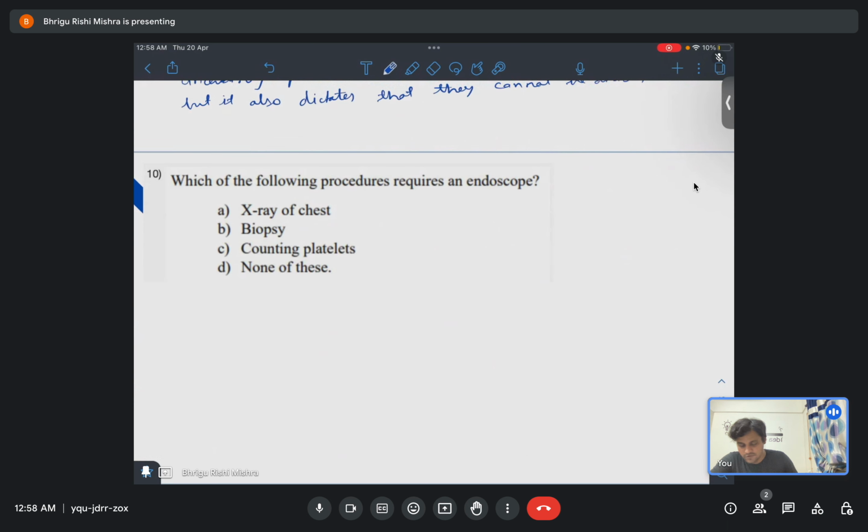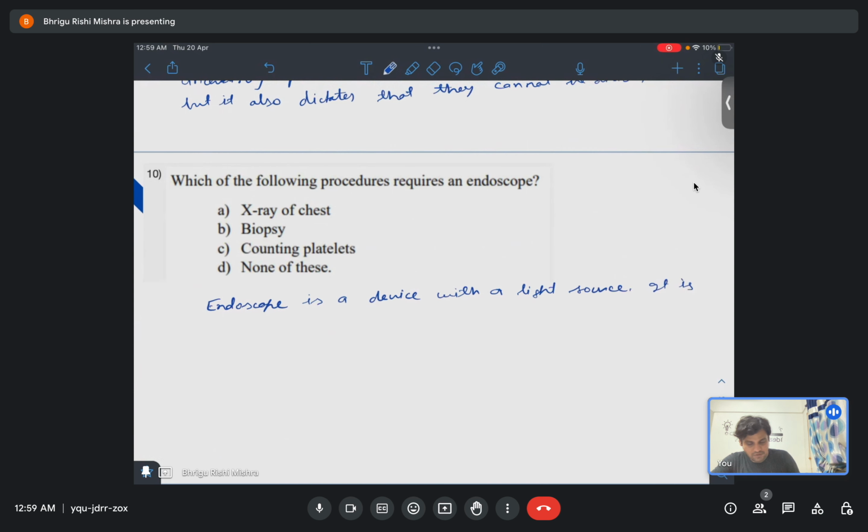The question 10, which of the following procedures requires an endoscope? So what is an endoscope? An endoscope is a device with a light source attached.